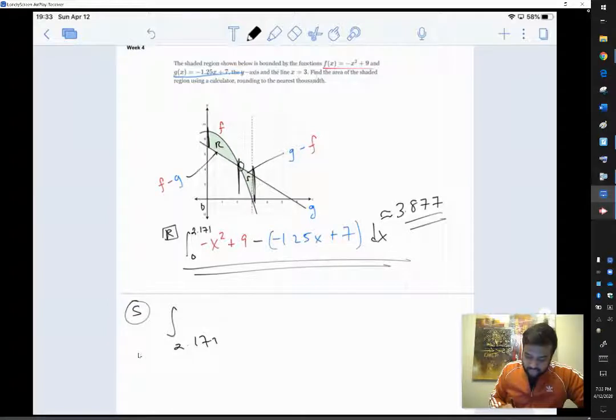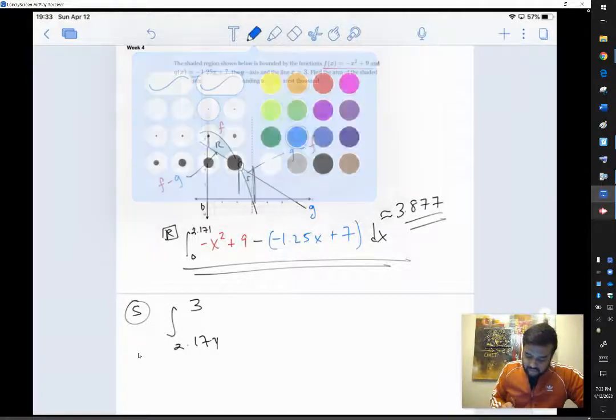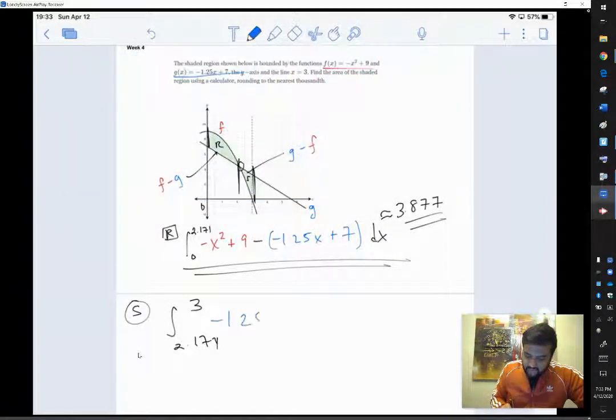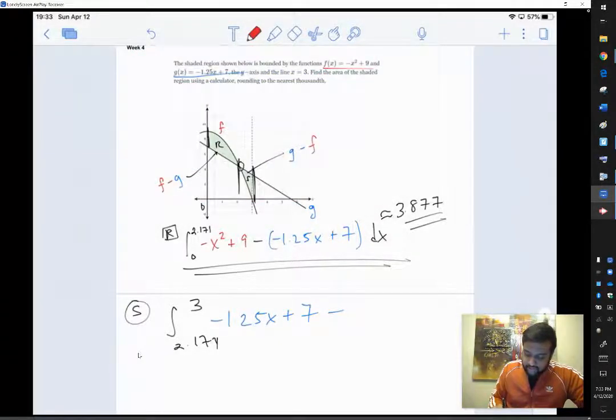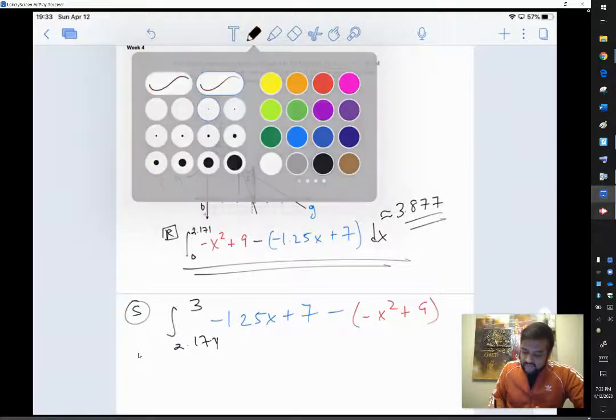So from 2.171 up to 3. This time my top function is the linear function. So negative 1.25 x plus 7 minus the bottom function, which in this case is the parabola, which was negative x squared plus 9, with respect to x.